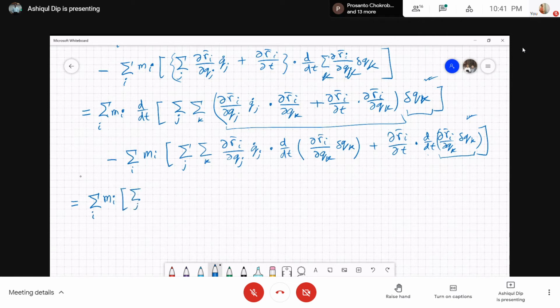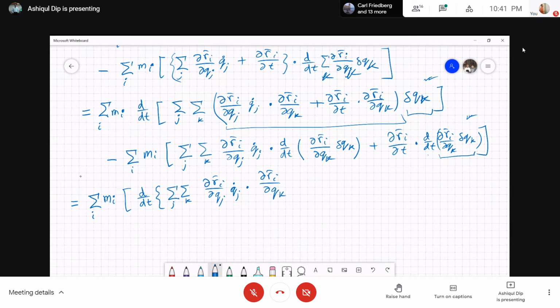So sum over j, sum over k, delta r_i. Oops, I have a d/dt. d/dt of this thing, sum over j, sum over k, delta r_i by delta q_j, q_j dot delta r_i by delta q_k.